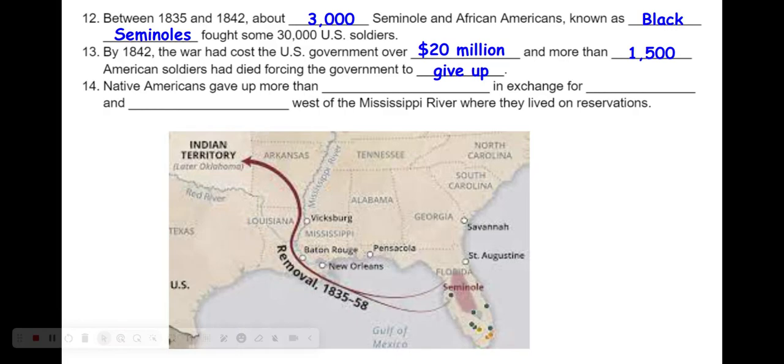So, in the end, Native Americans gave up more than 100 million acres of land in exchange for $68 million and about 32 million acres of land west of the Mississippi River, where they lived on reservations, primarily in the eastern part of Oklahoma.